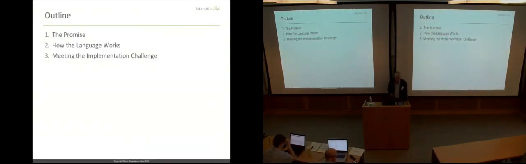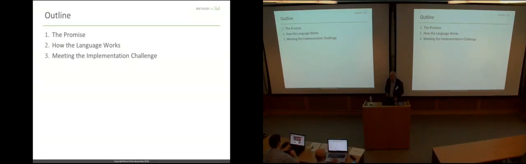All right, so my talk really has three parts. Part one, the promise, is going to give a little background on what DMN is and what achieving the promise entails. Part two is sort of a brief tutorial about how the language works, shows how a decision model created entirely graphically through diagrams and tables can be executable on an engine.